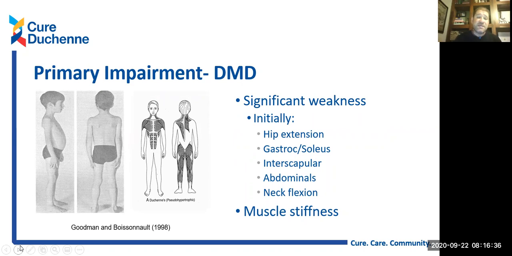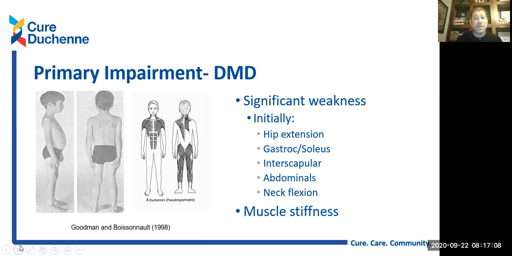And you can see from the drawing here that initially we get significant weakness in the upper body and the anterior side, the pecs, the abdominals, the neck flexors, and then throughout the posterior side, the traps and the shoulder and the upper back muscles, as well as hamstrings and glutes. So that's typically where we're going to see the first amount of weakness.